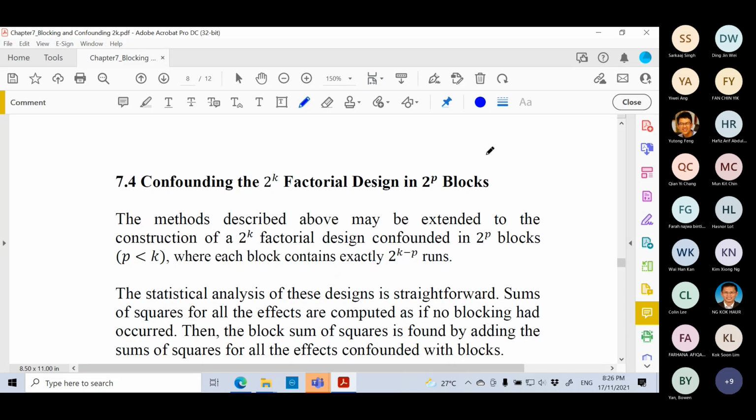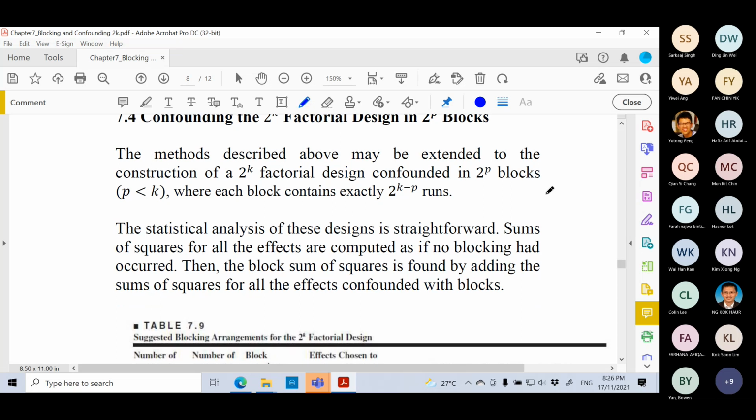Not only 2, it can be 4, 8, 16, and so on. Your calculation of all the sum of squares is as usual, but you are unable to calculate the sum of squares of the confounded effects.